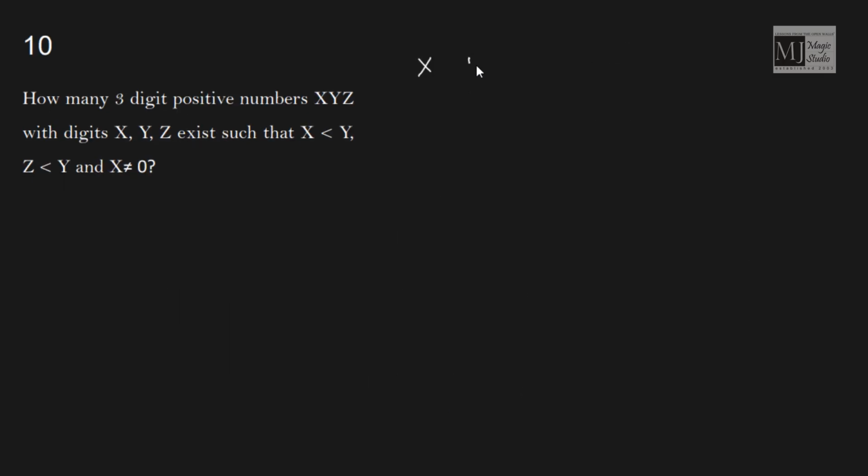How many 3-digit positive numbers XYZ with digits X, Y, Z exist such that X is less than Y, and Z is also less than Y, where X is not equal to 0. Fine.